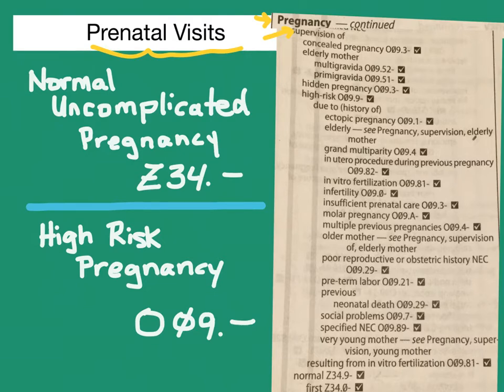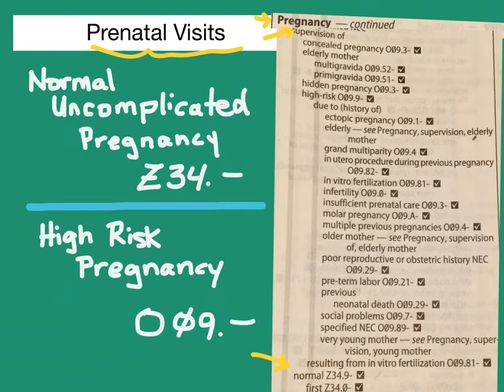Regular prenatal visits when no complications are present are coded to pregnancy, supervision of, normal in category Z34. Once you check the tabular, you will find options for first pregnancy versus another pregnancy. It also specifies the documented trimester within that code. So as usual, make sure you always check the tabular list once you find your code in the alphabetic index.